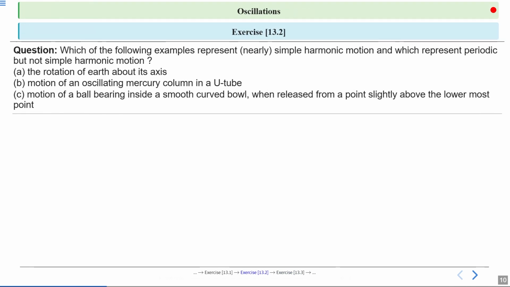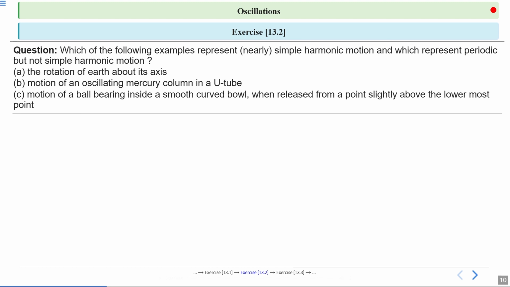13.2. Which of the following examples represent nearly simple harmonic motion and which represent periodic but not simple harmonic motion? A. The rotation of Earth about its axis. B. Motion of an oscillating mercury column in a U-tube.